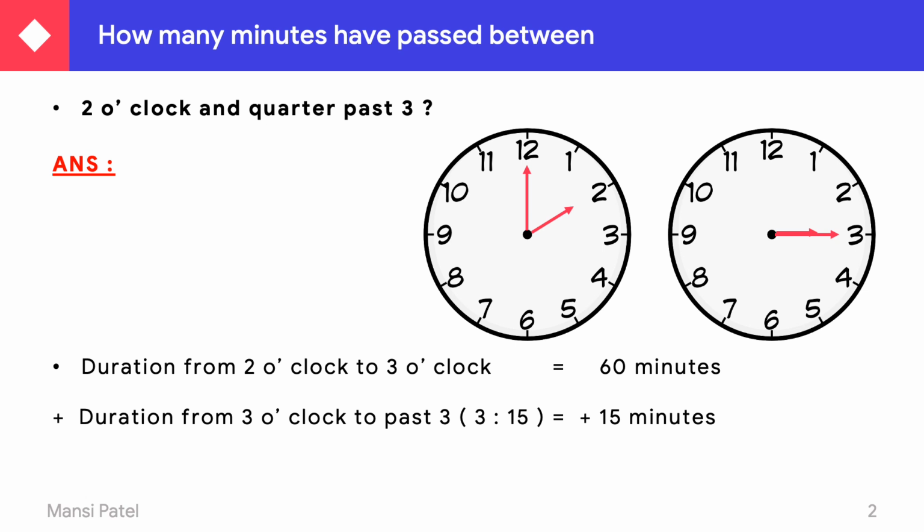Between 3 o'clock and 3:15, 15 minutes are there. Just add these two: 60 plus 15 minutes is equal to 75 minutes. So there are 75 minutes between 2 o'clock and quarter past 3.